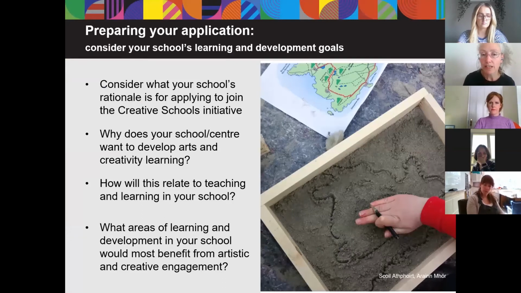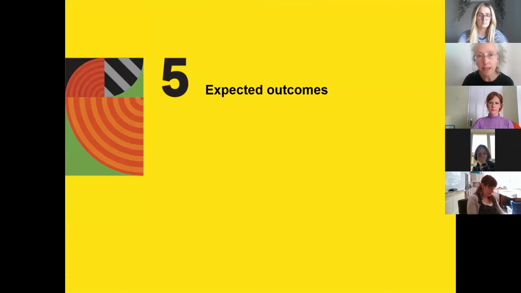How will this relate to teaching and learning in your particular school? And what areas of learning and development in your school would most benefit, do you think, from artistic and creative engagement? And by talking about those questions with your colleagues and thinking about them yourself, you really go a long way to building the text that you want to submit as part of your proposal in the application.